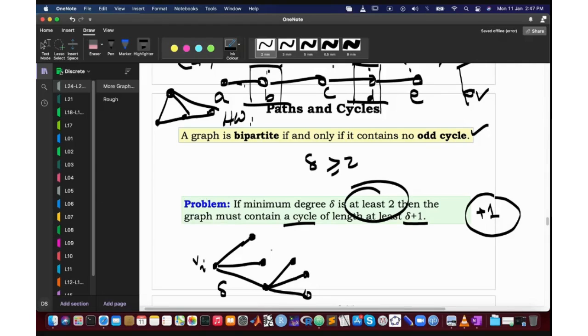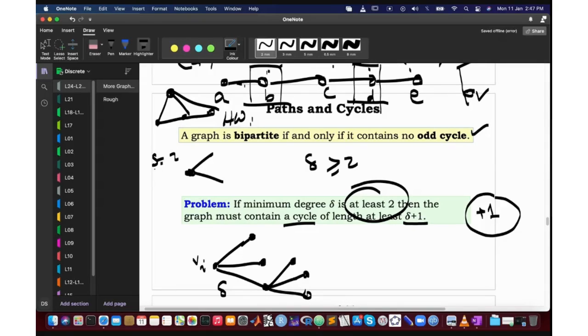Okay, yes. So if the minimum degree is 2, we can prove easily that the cycle length is at least 3. If the minimum degree is equal to 2, then there must be 2 outgoing edges.